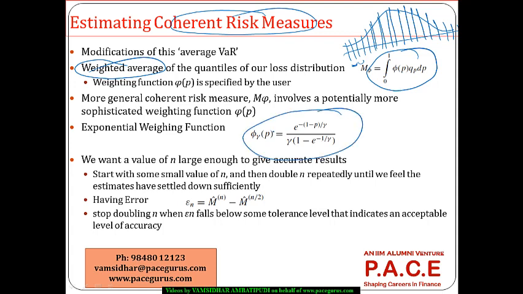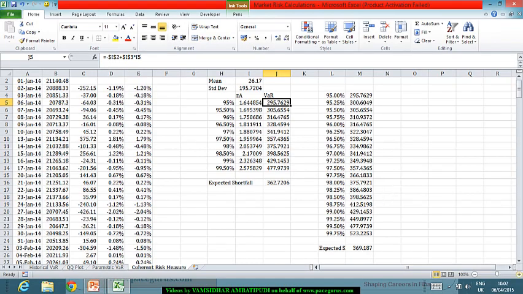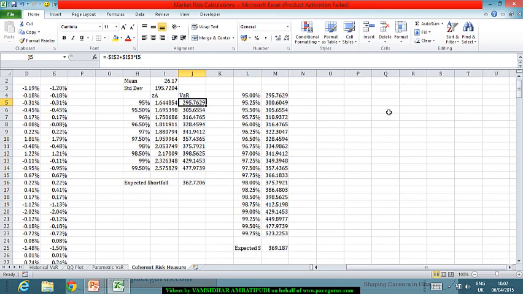Let's say I am going with an exponential weighing kind of function. I'll use this kind of mechanism to provide exponential weightage to each of the slices. Let's say I have different slices n. The whole space I divide into 10 slices.